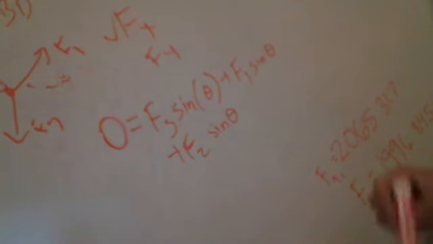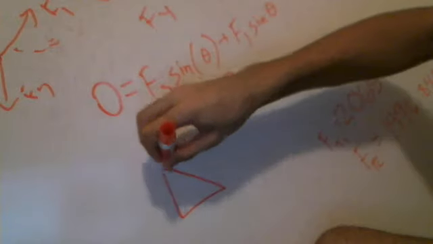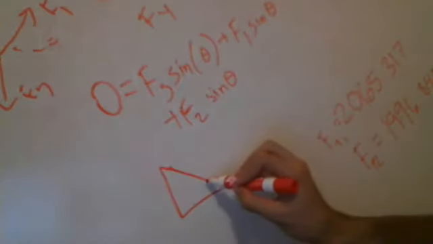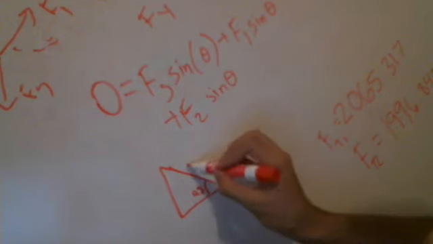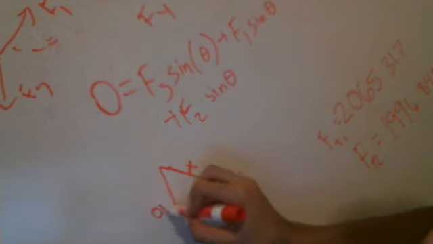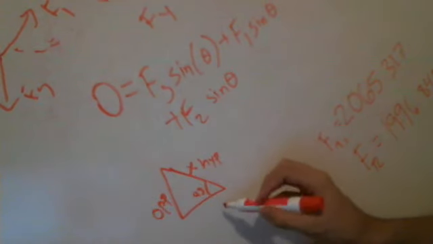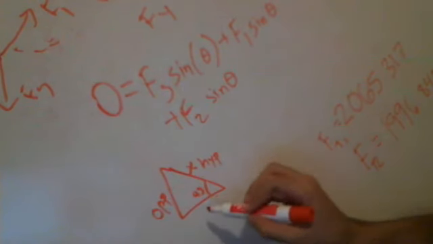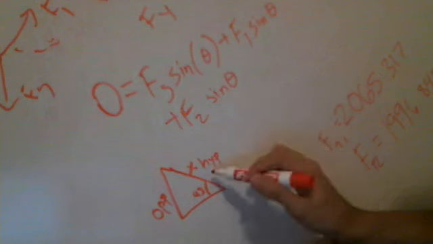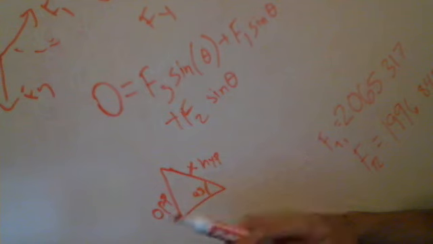I have to draw a diagram for a second, I'm sorry. I'm messing something up here. This is why you do the checks. This is going to be 43, and that's the x. So if you want that, you have to do opposite over hypotenuse. So that would be that number times the sine of the degrees, right?